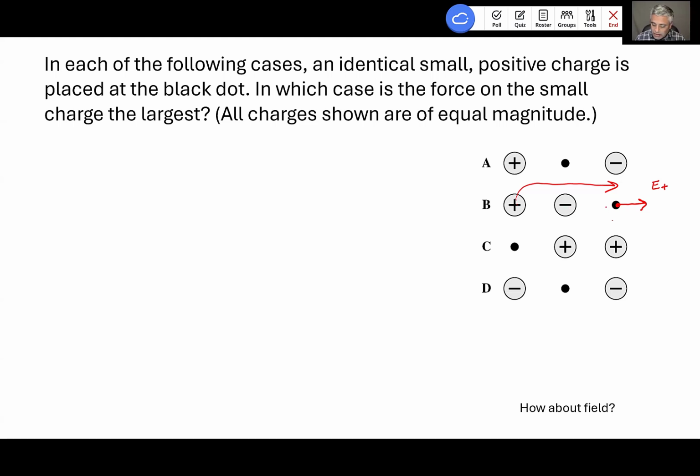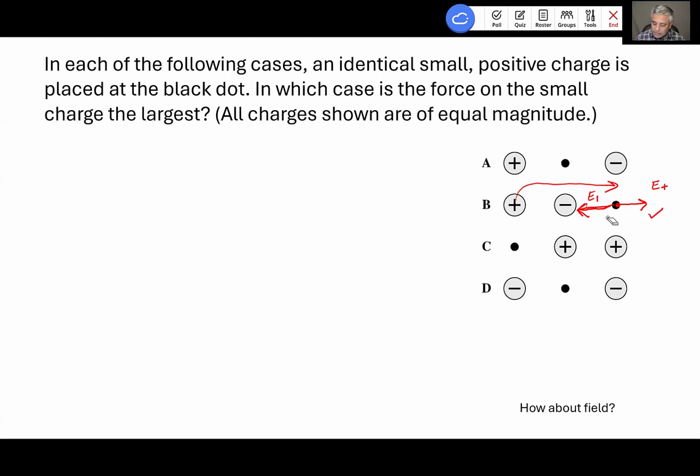Now the negative is going to be pulling. And since this is closer, it's going to pull harder. That's why I'm drawing a longer arrow here. So we have these two fields. That means the net field in this case is, of course, in this direction, since this is larger than this one.